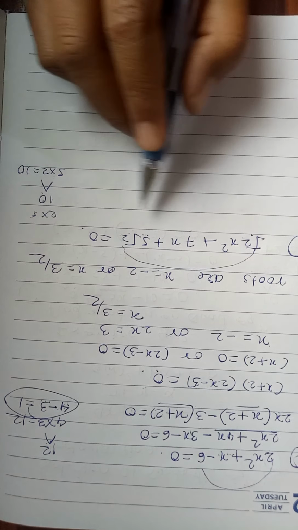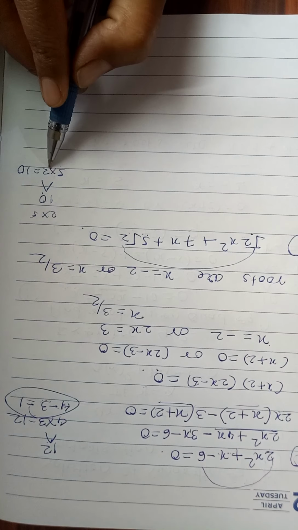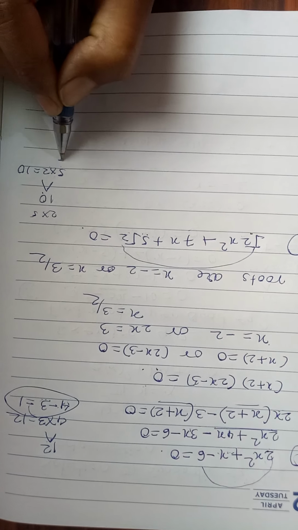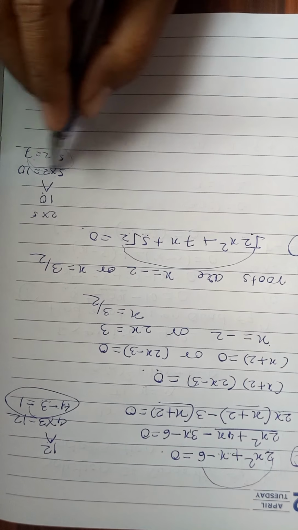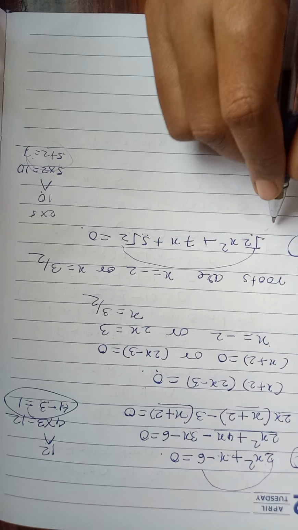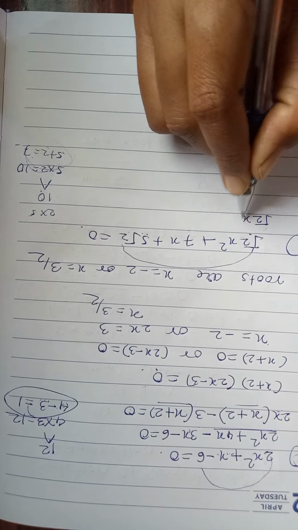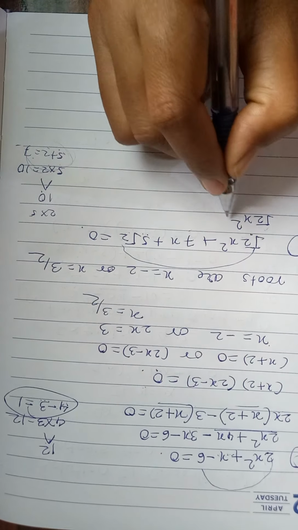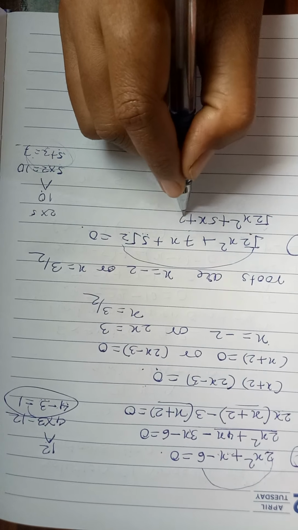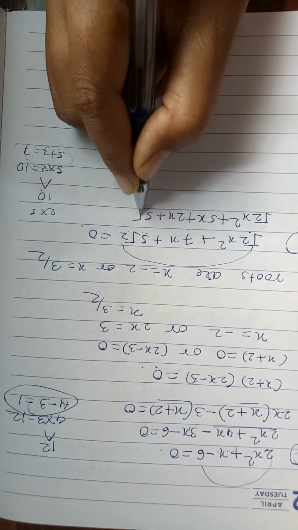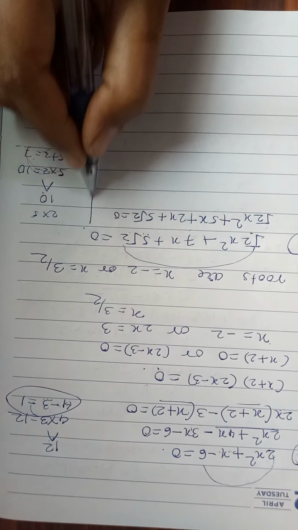The sum of the two numbers, 5 plus 2, is equal to 7. So we write the factors as 5 and 2. So √2x², the first factor is 5, that is 5x, and the second factor is 2, that is 2x, plus 5√2 = 0.